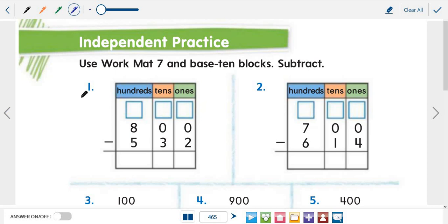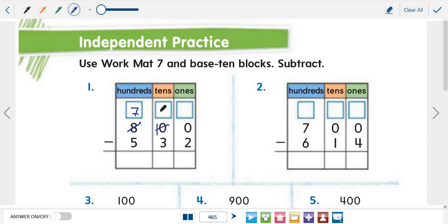Now let's solve question number 1. 800 minus 532. Again, there are no ones, there are no tens. So we have to regroup hundreds. So this 8 is gonna be 7. And the 0 is gonna be 10 now. Then we will regroup a 10 to 10 ones.